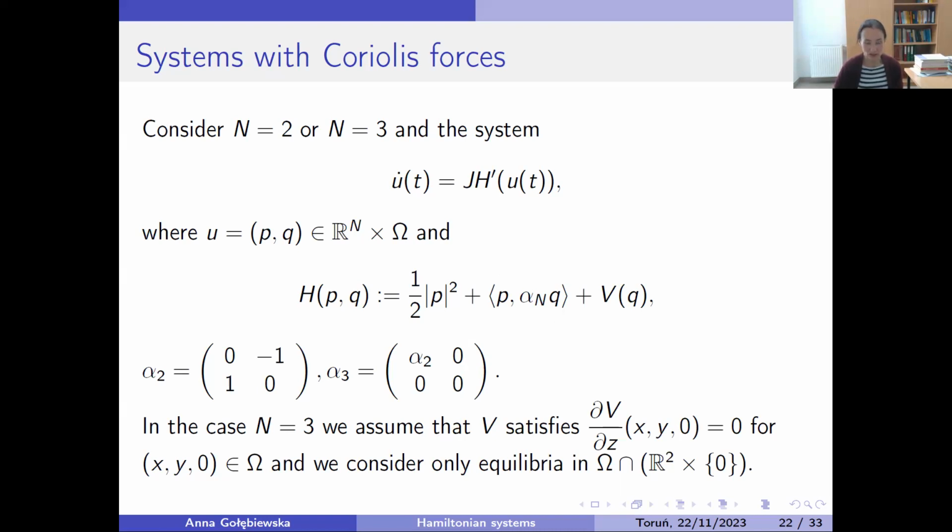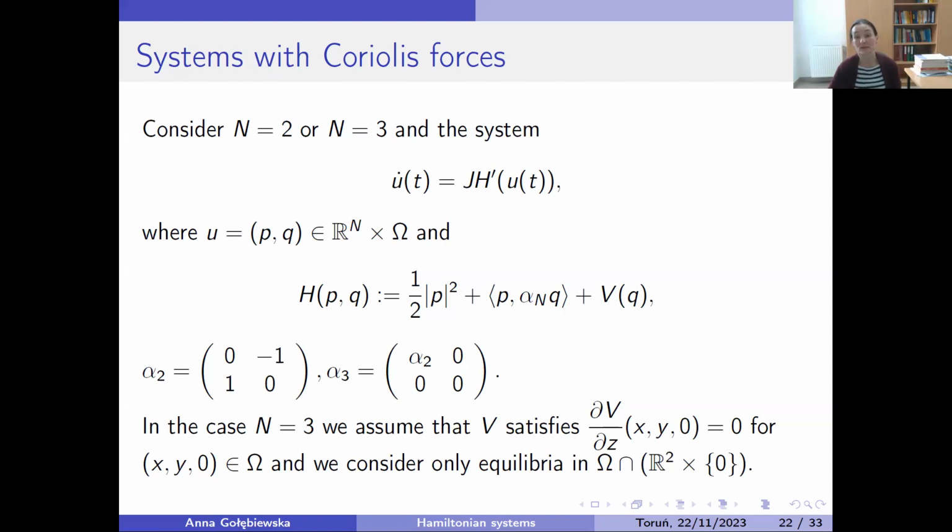But I should mention that we consider such systems only for N equal 2 or N equal 3, which is natural in celestial mechanics, because N equal 3 is most natural as the phenomena they consider are in three-dimensional space. But sometimes we can consider these phenomena restricted to the plane, so it would be N equal 2. And in this case, our matrix alpha is just a symplectic matrix.